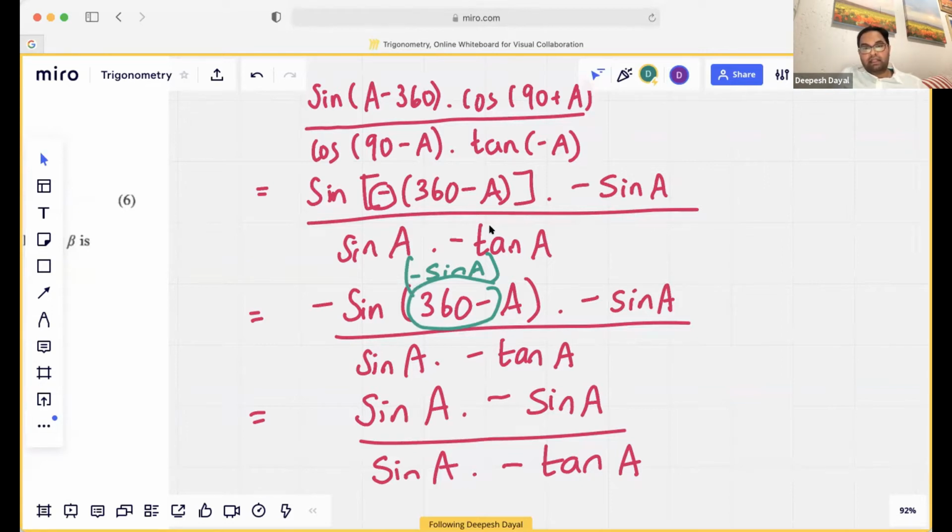It's just too many steps. You have to use the CAST rule where we're doing reduction, instead of using the compound angle. The compound angle formula will make your solution really, really big, so I would discourage that. It's best to do the reduction formula using the CAST rule, okay?